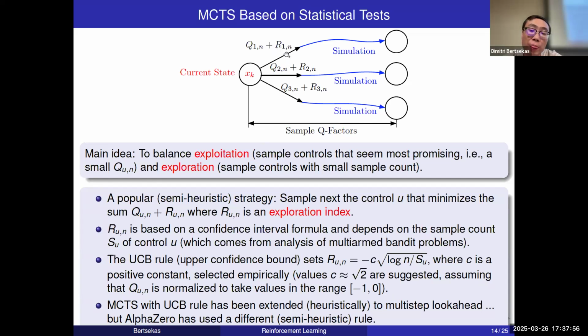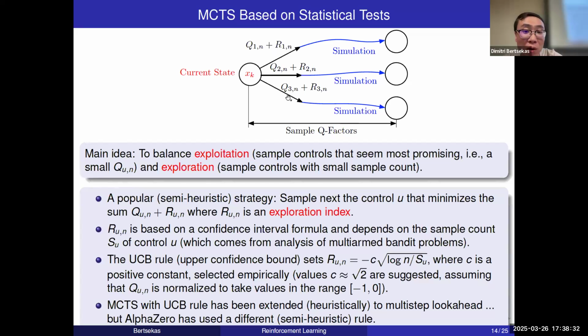Note that during this process, suppose that we have in total a 100-sample budget. During this process, we minimize among those two quantities to find the next control to evaluate, right? After we have used up all the sampling budget, where N equals the sampling budget, at that point we select our control based on our sampling efforts.